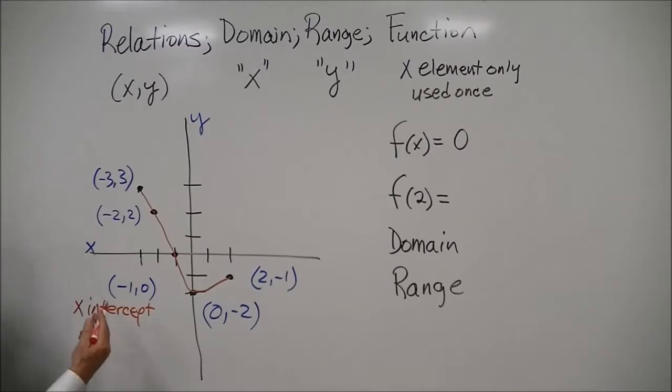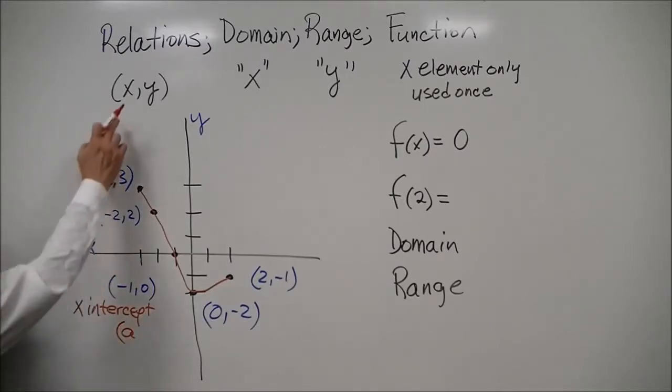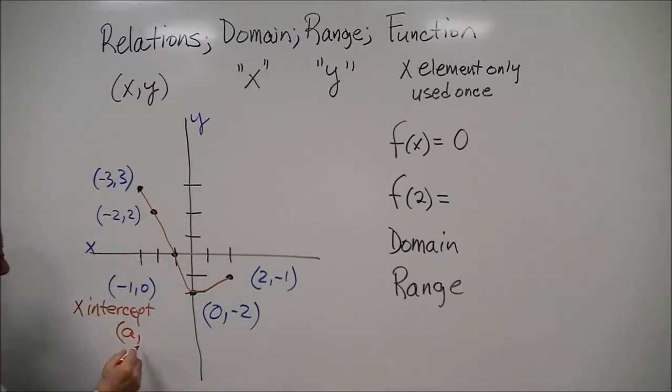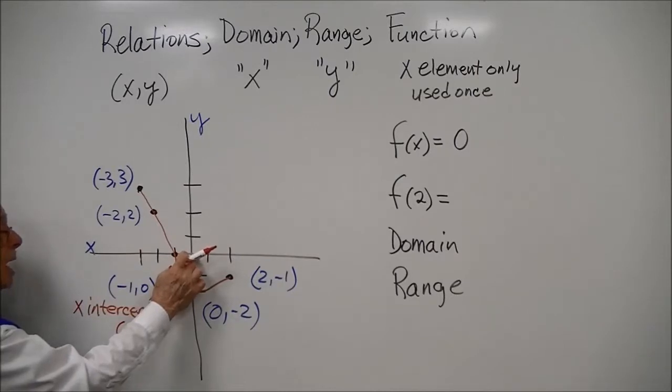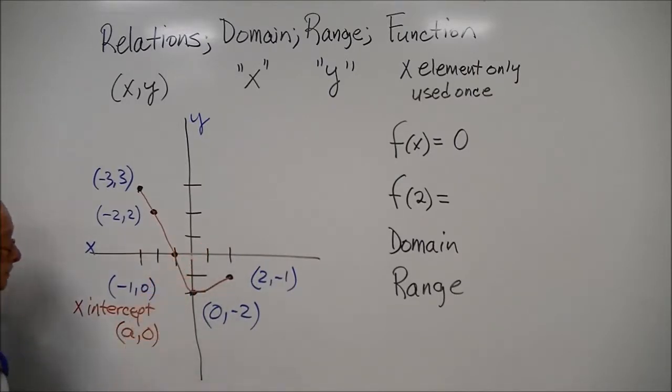The official form for writing the x-intercept is a, 0, where a stands for the x-coordinate and 0 indicates the y value is 0.